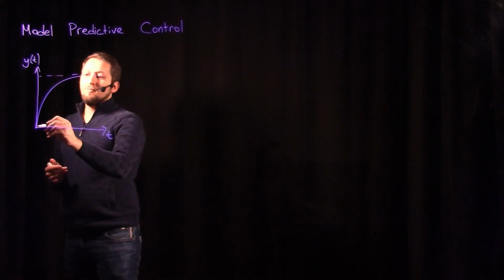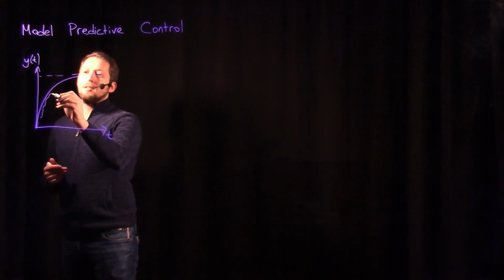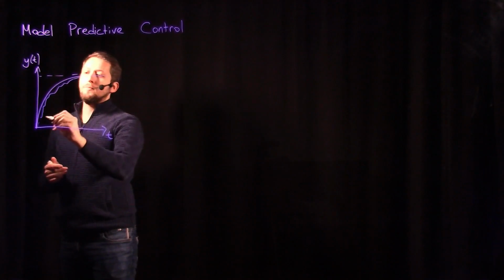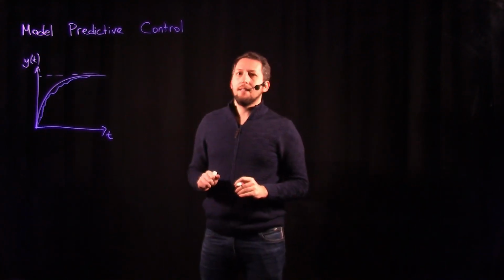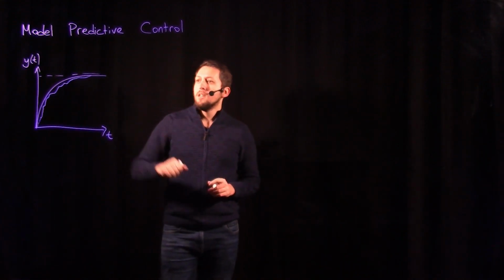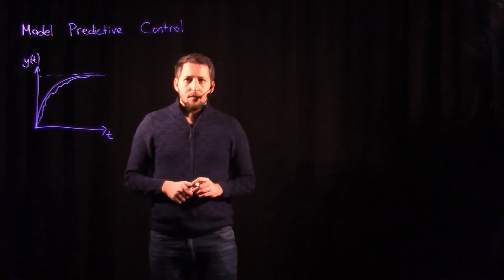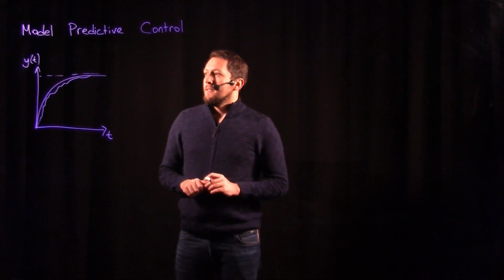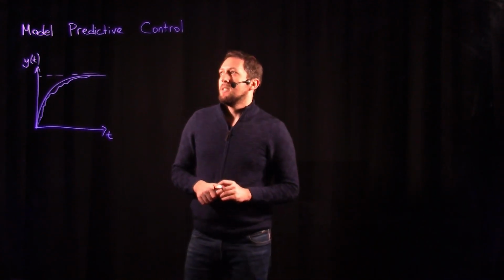So the actual output of the system may be something like that. Maybe close enough to the originally planned one, but not exactly the same, and there are some perturbations, ups and downs, and variations around the originally expected signal. Most of the time, this is due to the lack of a feedback loop in this case.